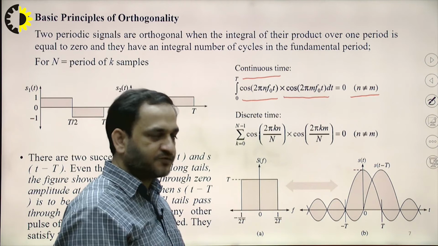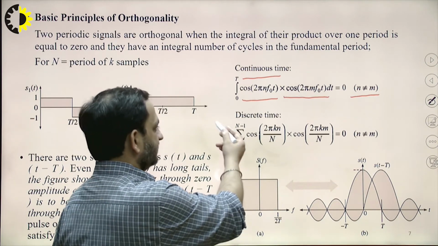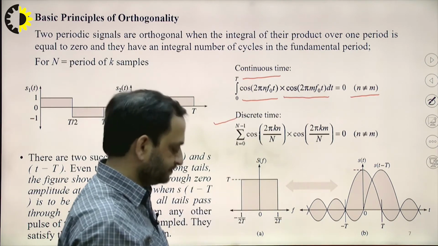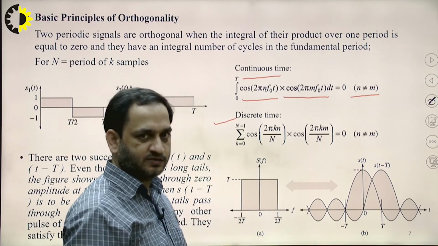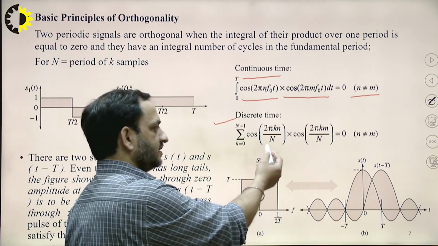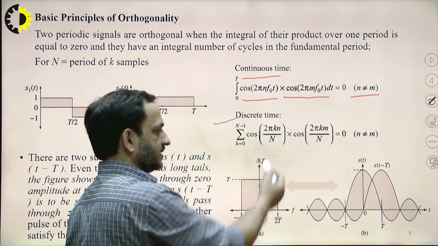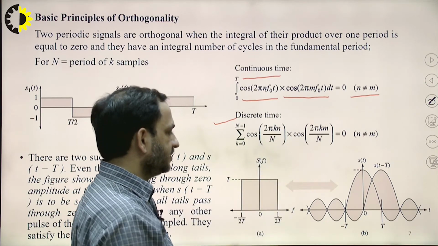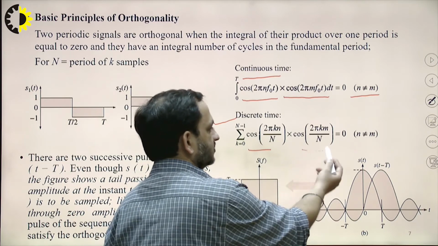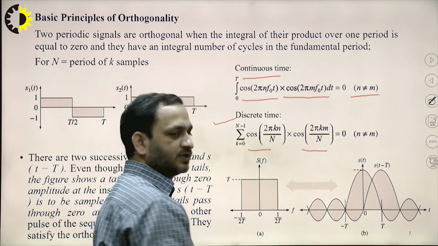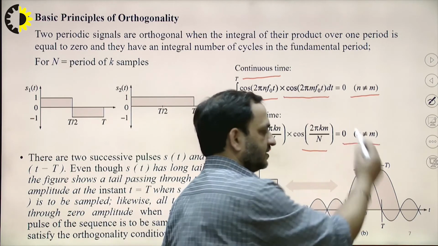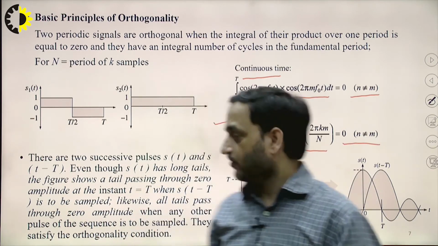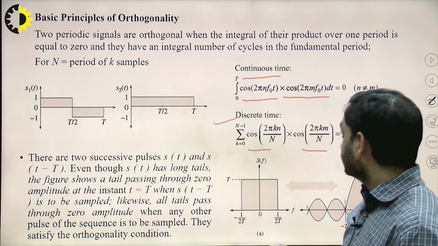In the discrete form, the sum over k equals 0 to N minus 1 of cosine 2 pi k n upon N, times the second discrete signal cosine 2 pi k m upon N, is equal to 0. So this is the condition for orthogonality.